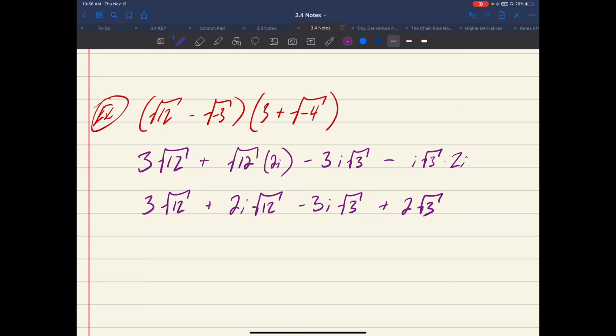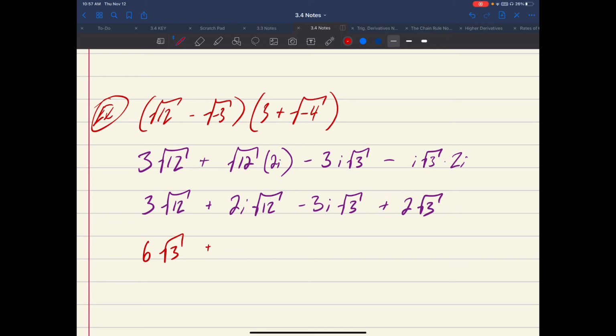Okay, so let's take care of these radicals. So this is tedious. √12 is going to be 2√3. That's a simplification because it's 2 times 2 times 3, so you can take a 2 out. So this would be 6√3. Same thing here. We're going to take a 2 out.